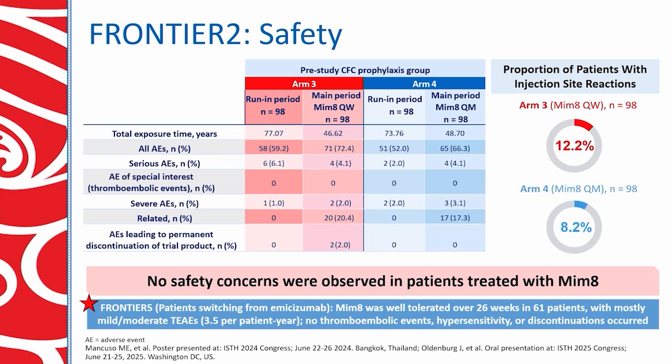If we look at the injection site reactions, we can say that in both the weekly and the monthly treatment arms, they were very low, around 10%. So no safety concerns were observed in patients treated with Mim8. And this was also shown in the Frontier 5 study where patients were switched from emicizumab to Mim8.